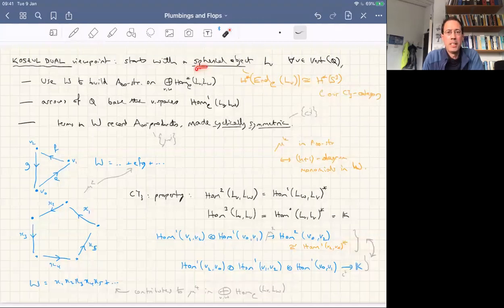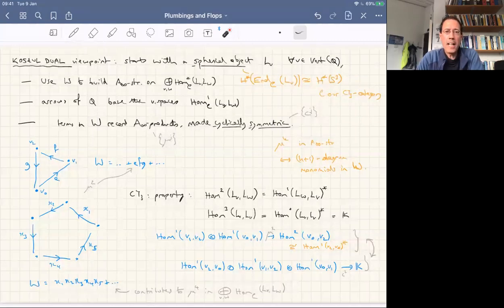So remember, I'm interested in the CY3 properties of this category. I'm looking for something that looks like the derived category of sheaves on a 3-dimensional Calabi-Yau. So by a spherical object, I mean I'm going to try and build a category C, and this object should have endomorphisms, the cohomology of a 3-sphere.